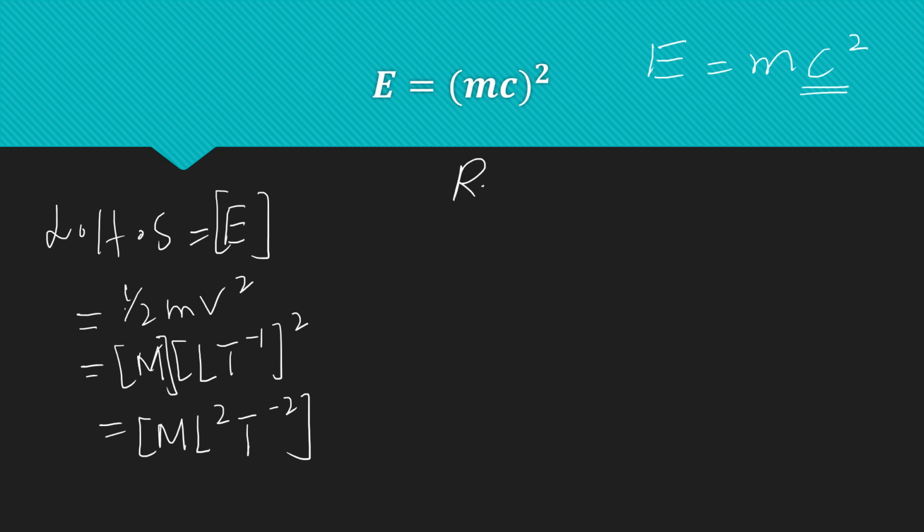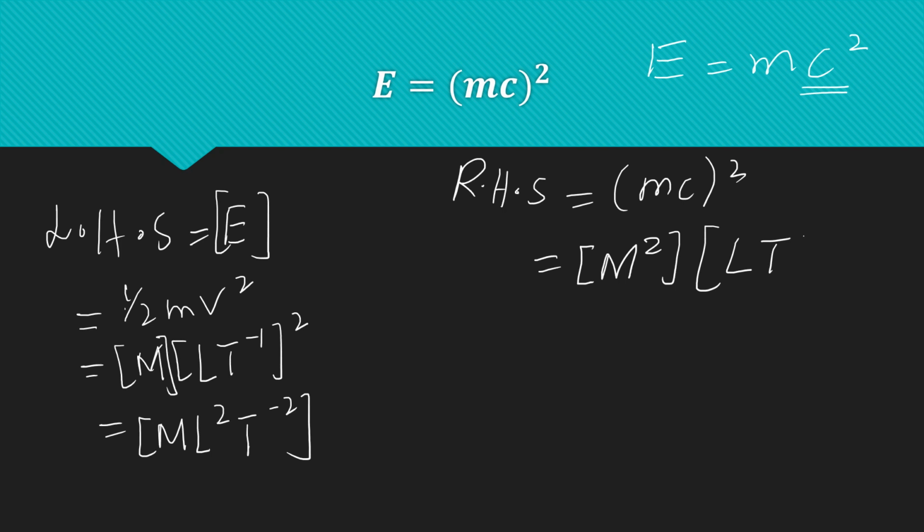Now we have the right hand side, and the right hand side says that m and c both are in whole square. So the dimension of m is M square, and the dimension of c is L T minus 1, which is also squared. So M square L square T minus 2.